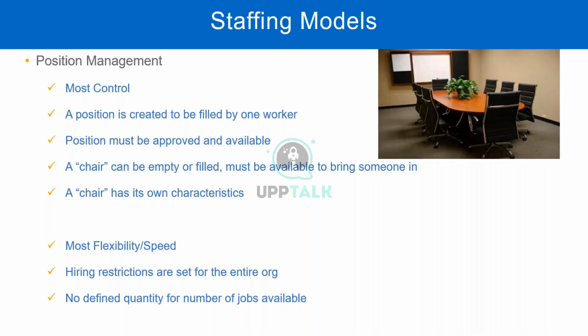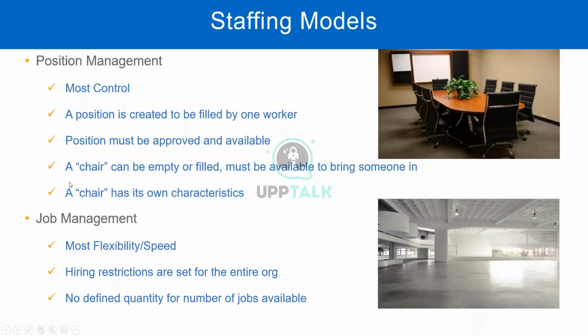You won't even notice because you are dealing with another 1,600, 1,700 people. In a job management kind of organization, it gives you a lot of flexibility and speed, and the restrictions, the characteristics are set for the entire supervisory organization. And there is no defined quantity for the number of jobs.